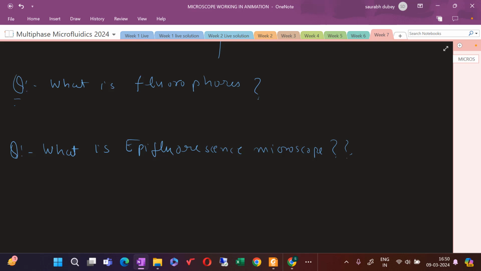So here comes particle image velocimetry. This technique, the epifluorescent microscope, is also used for micro PIV, microparticle image velocimetry applications, because the illumination in micro PIV is volumetric illumination, unlike general PIV or 2D PIV where the illumination is through a light sheet.